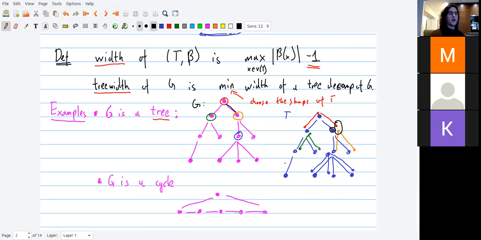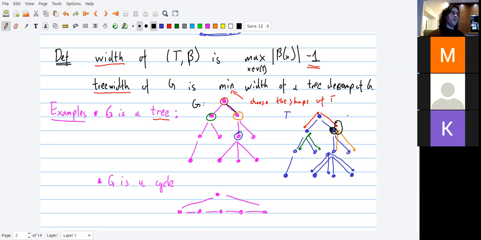So I use the same tree to make a tree decomposition, and the tree decomposition consists of, for every vertex, a bag consisting of this vertex and its parent, which corresponds to the tree embedding being an embedding where every vertex is being smeared onto itself and all its children. Yeah?